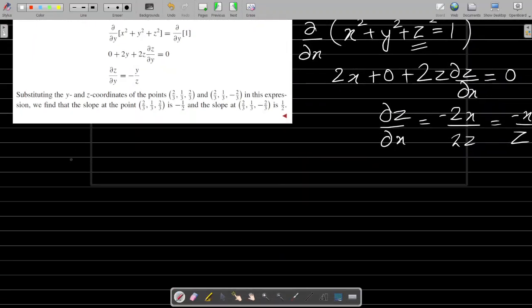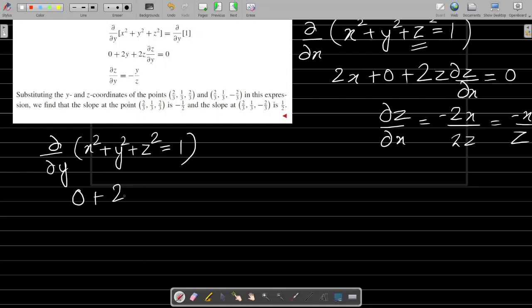Now similarly, we will partially differentiate that with respect to y. So dou by dou y of x square plus y square plus z square equal to 1. If I am partially differentiating this whole equation, it will be dou by dou y of x square is 0, plus dou by dou y of y square is 2y, plus dou by dou y of z square is 2z dou z by dou y, equal to dou by dou y of 1, which is 0.